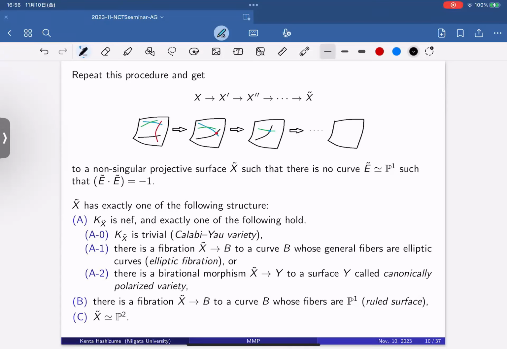The structure A0 corresponds to Kodaira dimension 0. The structure A1 is Kodaira dimension 1. And this is Kodaira dimension 2.